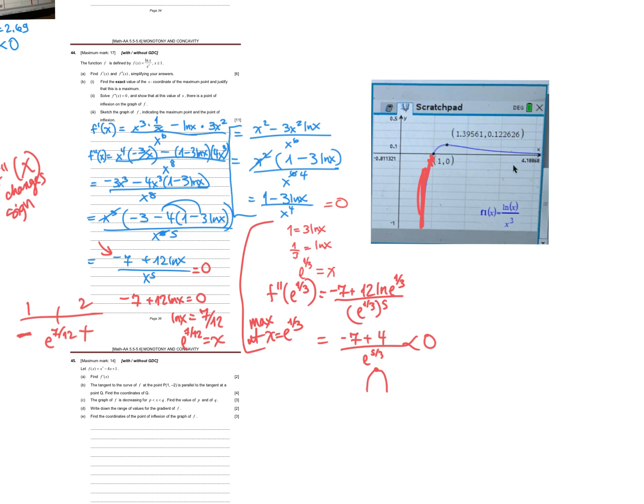We've got the maximum here, and that's e to the 1/3. And we have the point of inflection, which is like there. So that's at e to the 7/12. Okay, and then maybe we should put the horizontal asymptote.